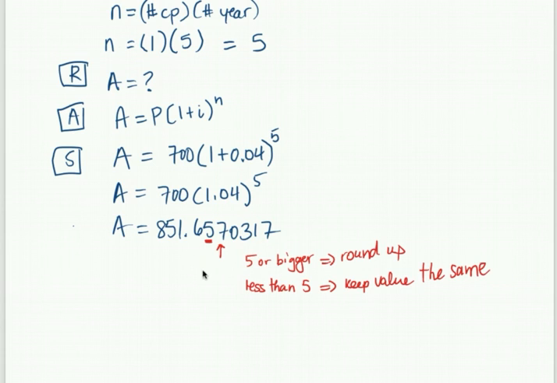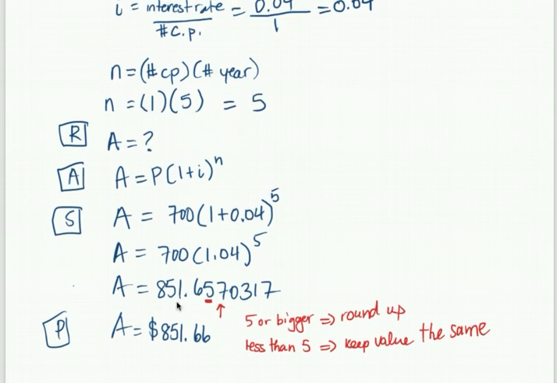So again, if this was like a 4, you would just keep it 65. But because this is 7, which is 5 or bigger, we're going to bump this up to 6. So now you have $851.66, like that. Okay, so that's your final amount.